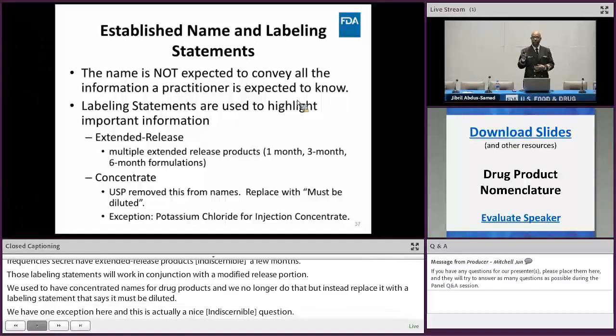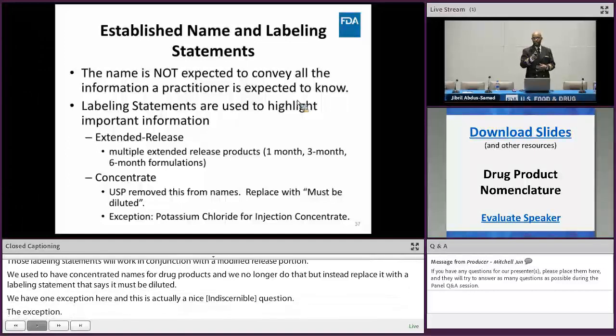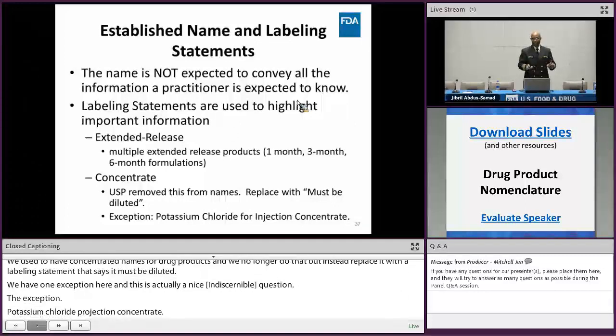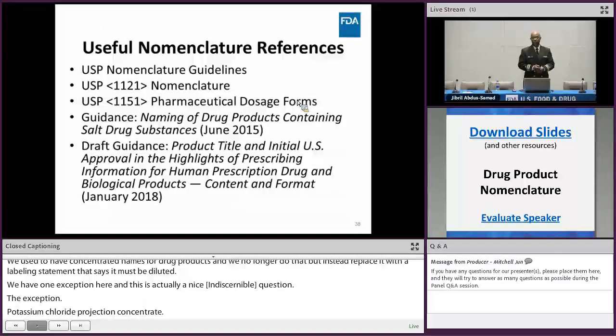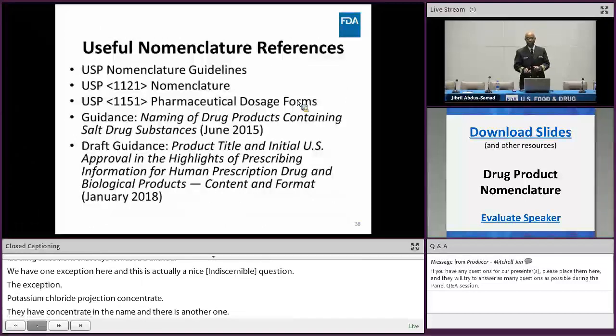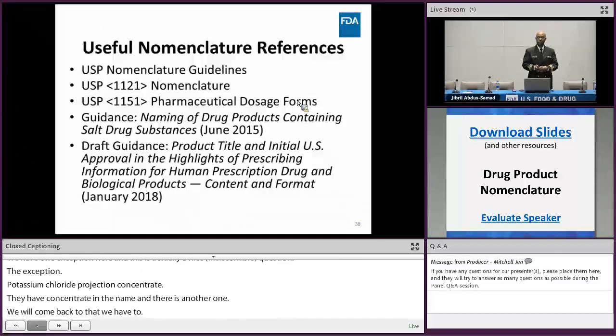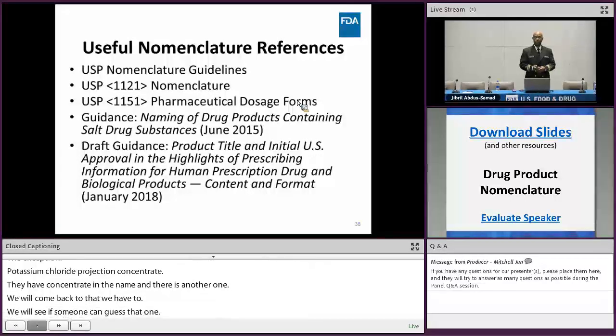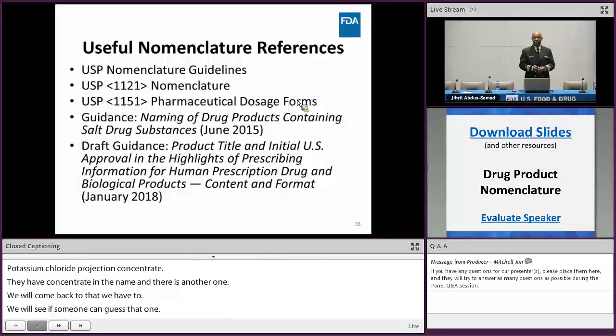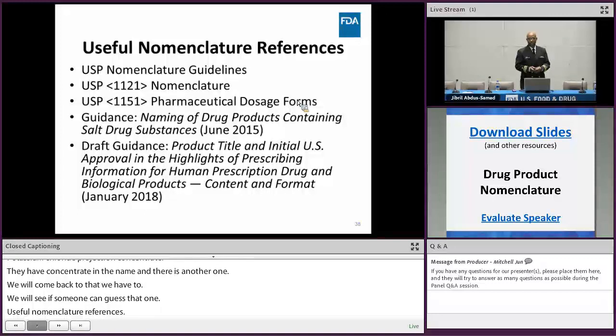One of them is to have the concentrate in the name, and there's another one. We'll come back to that if we have time. See if someone can guess that. So here are the useful nomenclature references. USP nomenclature guidelines, 1121, 1151, and then also the SALT guidance.